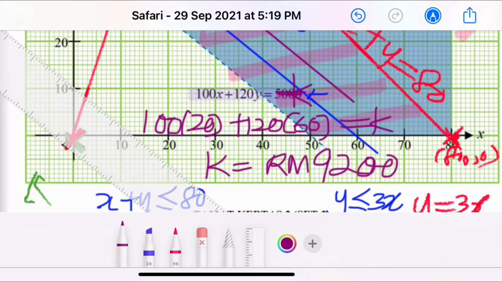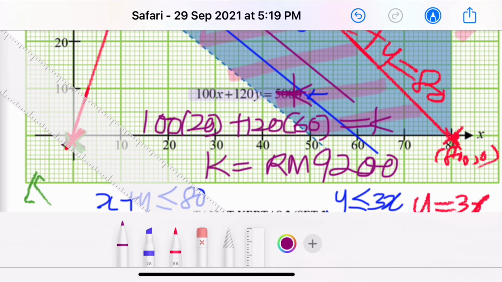But according to the question, we have to take how many percent? We will take 100 times 20 plus 120 times 60. We will get 9,200. But based on the question, how many percent?